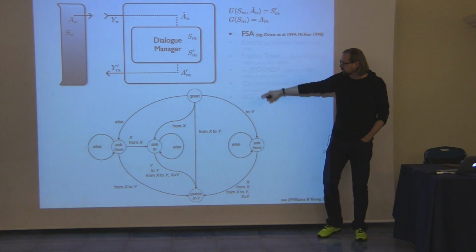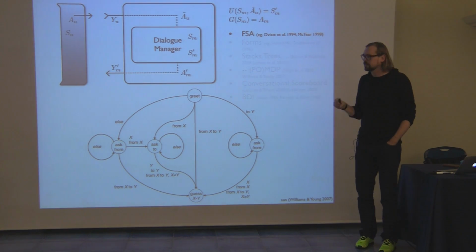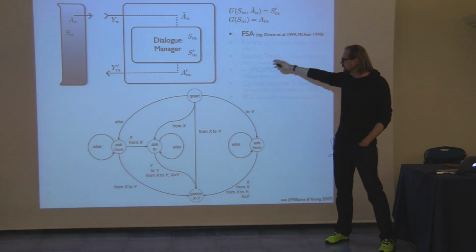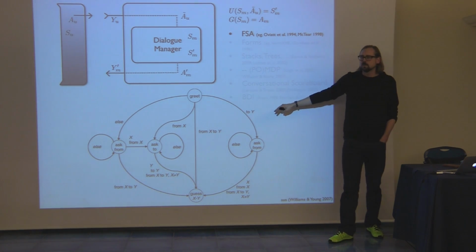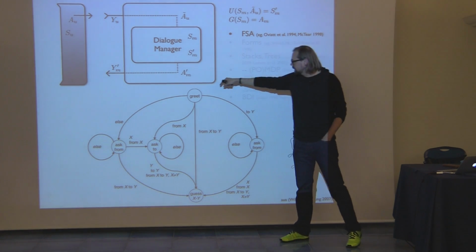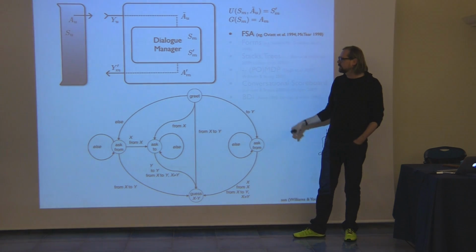For computer scientists, this is very obvious. The idea is that this function is specified as the transition function of a finite state automaton, and the transitions are triggered by the input, by computations of the input.